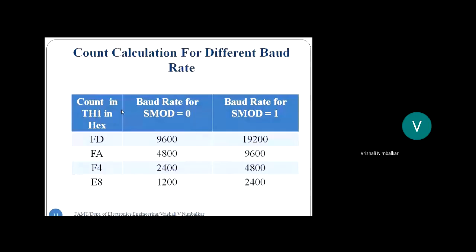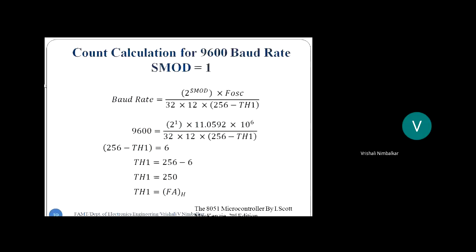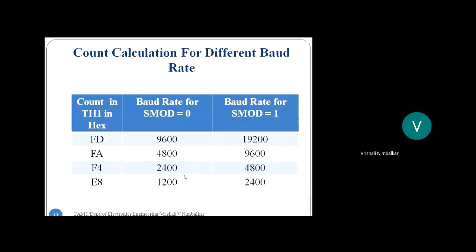So depending on the baud rate equation, we find out the various counts that are going to be loaded. Now see here, I have shown a table for those counts, FD, FA, these are the counts for various baud rates. And what happens to the baud rate if SMOD is 0 or 1, we will see in this slide.